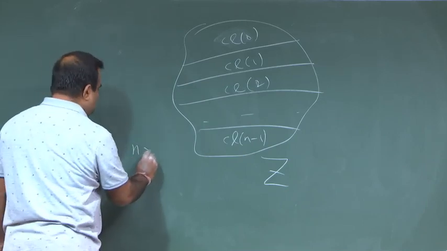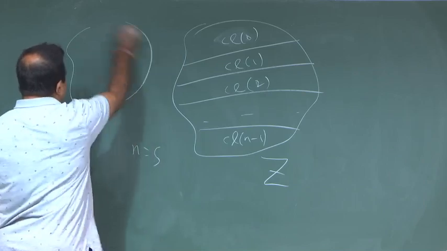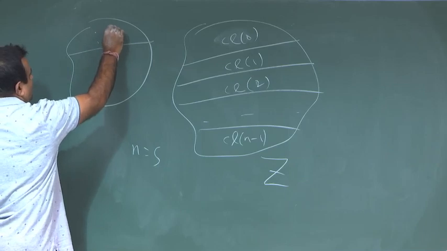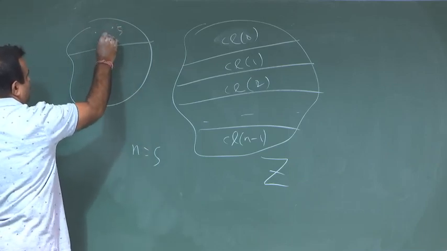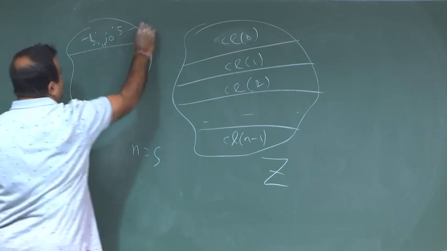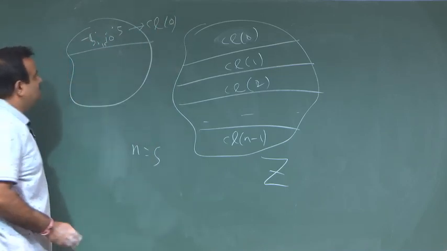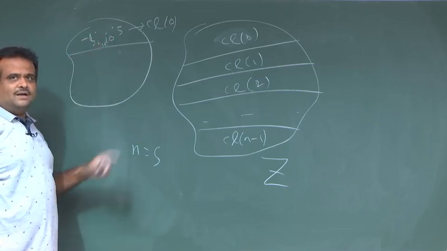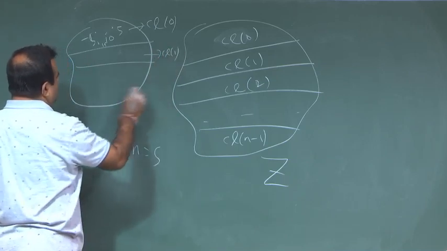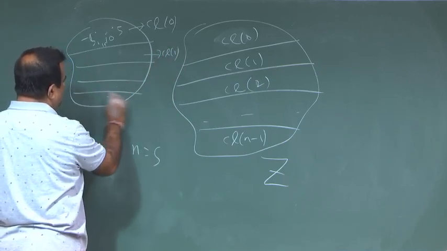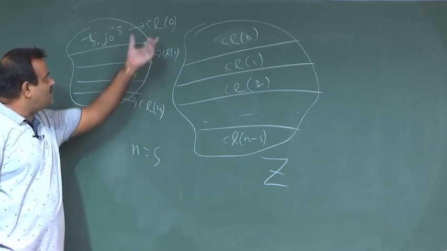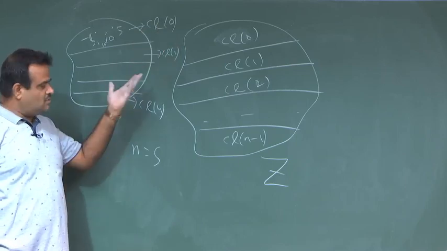If n is equal to 5, say, 0 class means all the elements like 5, 10, minus 5, 15. All these are in 0 class, that means they are all related under this relation, and then we have 1 class, and so on up to 4 class, because if we divide by 5 there are this many remainders: 0, 1, 2, 3, 4.